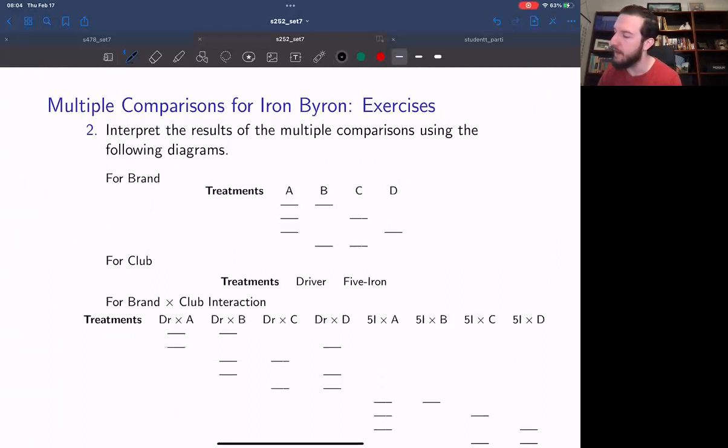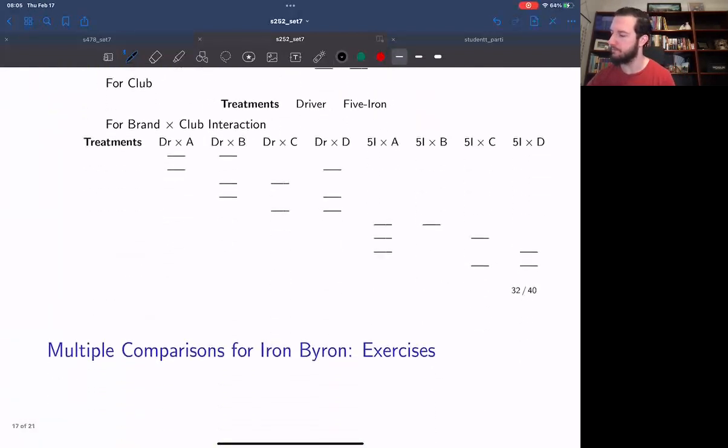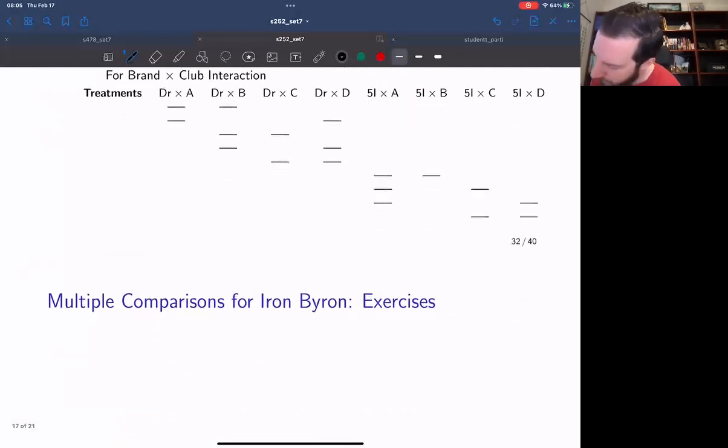So this is saying that A is not different from B, A is not different from C, A is not different from D, and B is not different from C. Okay, so that would mean that B and D and C and D are giving average means that are different from one another.